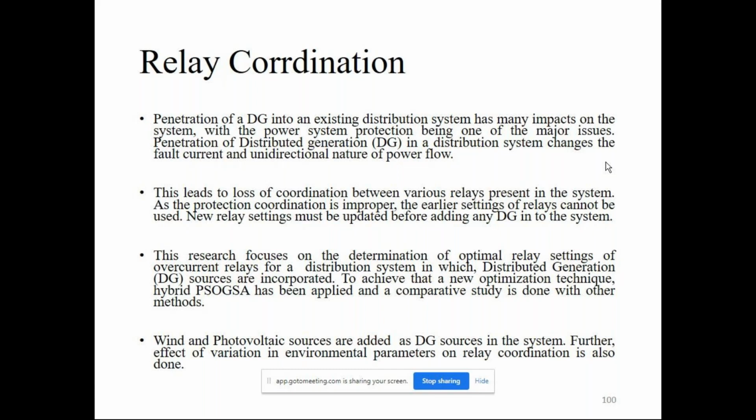The sequence component realization is not straightforward. The short circuit contribution with respect to renewable energy penetration, and the corresponding modeling, is not straightforward. The sequence component analysis accordingly is also not straightforward.